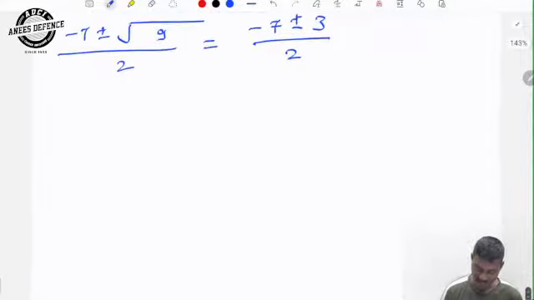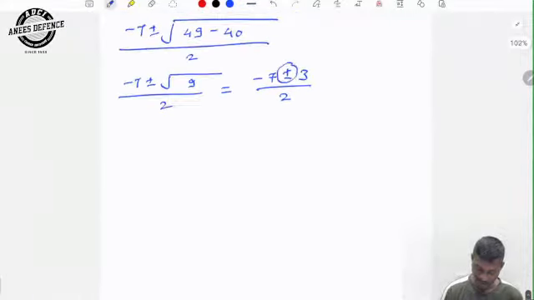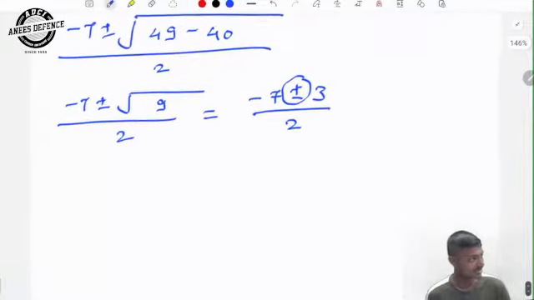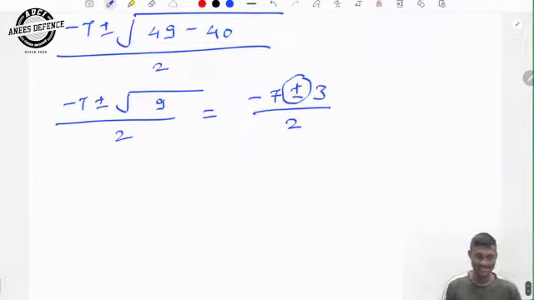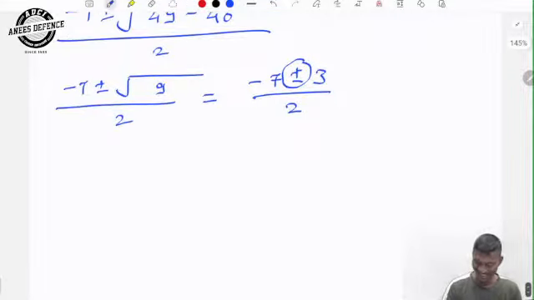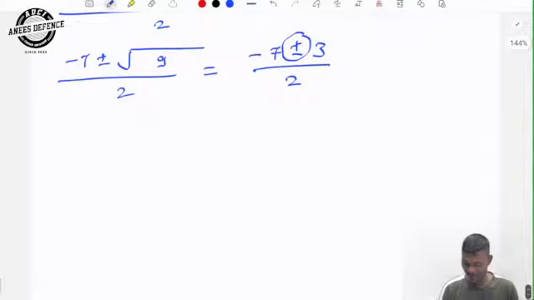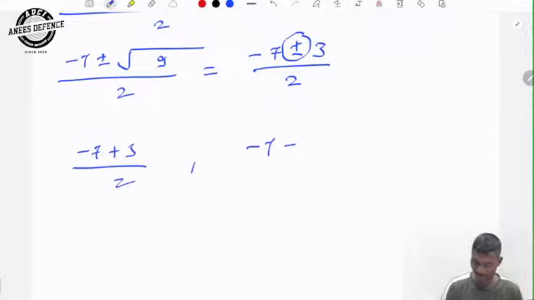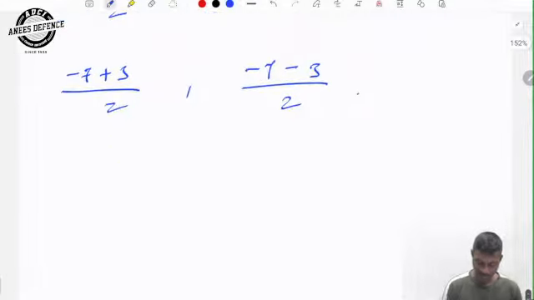In our academy, this is also known as the Dronacharya formula. So we will split the plus and minus signs again, that we will obtain minus 7 plus 3 divided by 2 and minus 7 minus 3 divided by 2. And the two answers which we will get are the roots of the quadratic equation.